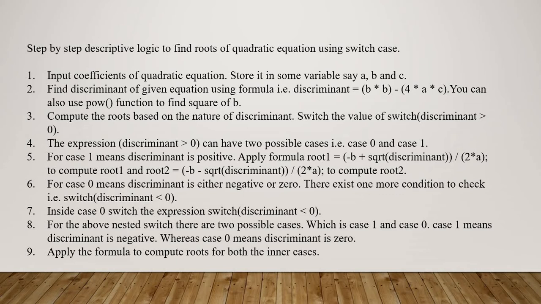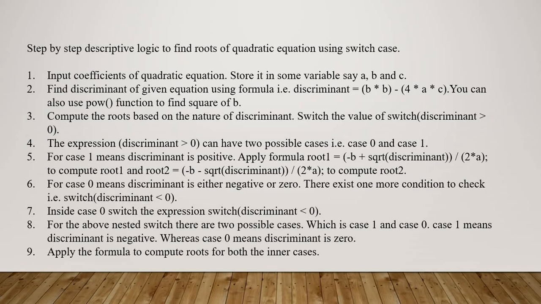Input the coefficients of the quadratic equation and store them in variables A, B as well as C. So over here the discriminant is given, that is B multiplied by B, minus the next bracket, that is 4 multiplied by A multiplied by C. Whichever values we get, we subtract them. So over here basically we are using the power function to find out the square of B.